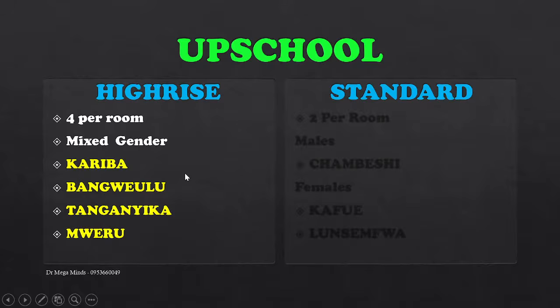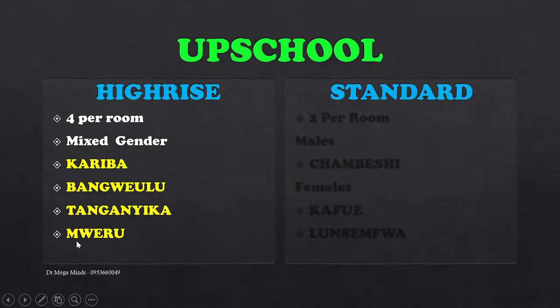And then just quick advantages which I can tell you so that you have something in mind when applying. Kariba, quite good. I love Tanganyika because when I was at main campus, at least there was strong Wi-Fi. So you can try to look out for Tanganyika hostel. You get a room there, at least there's good Wi-Fi.